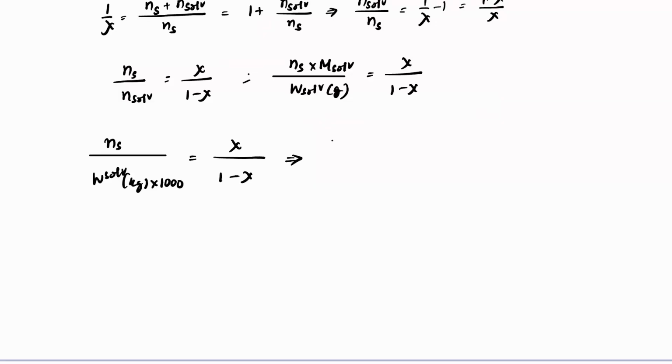So I can take that 1000 up, and what is this value converted to? This will convert into molality. So molality is equal to 1000 times x divided by 1 minus x. So this is another way of representing molality. Please check.